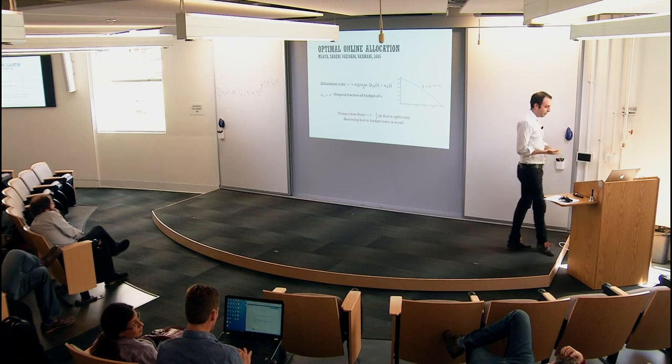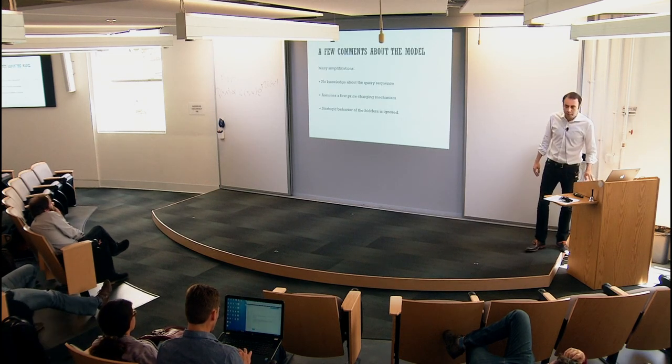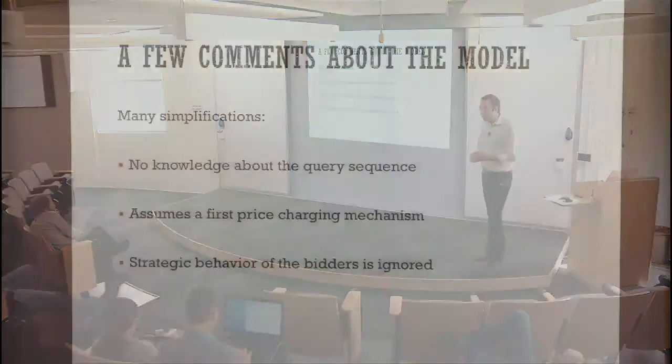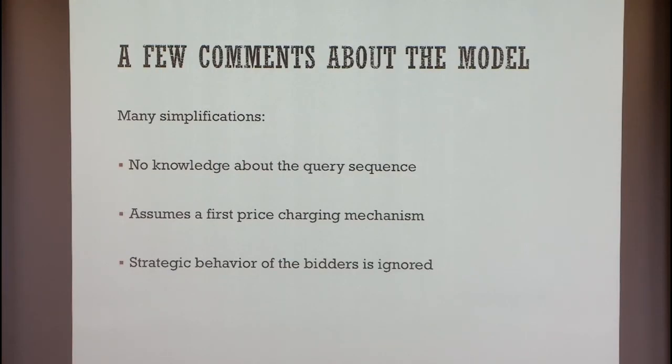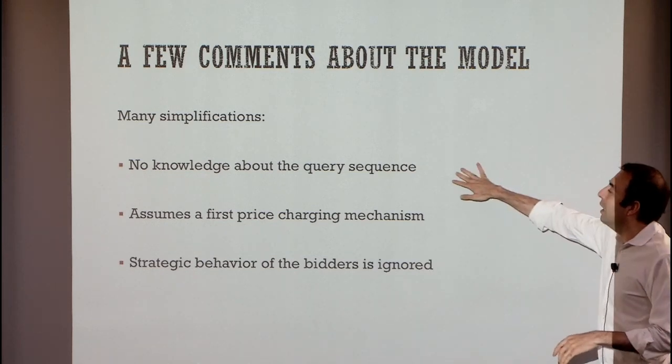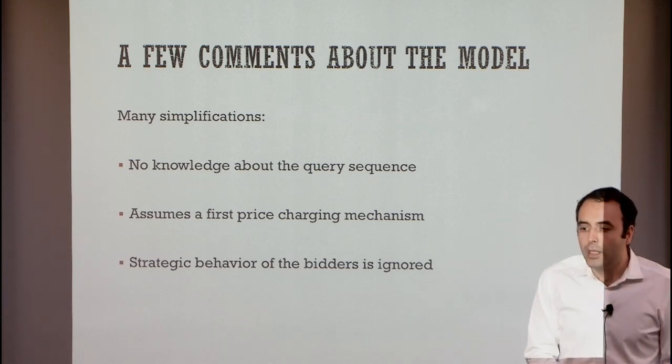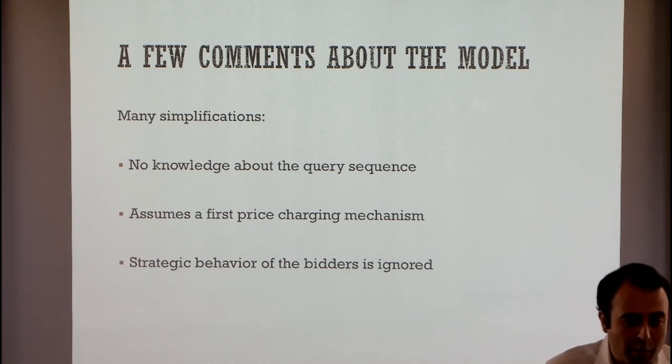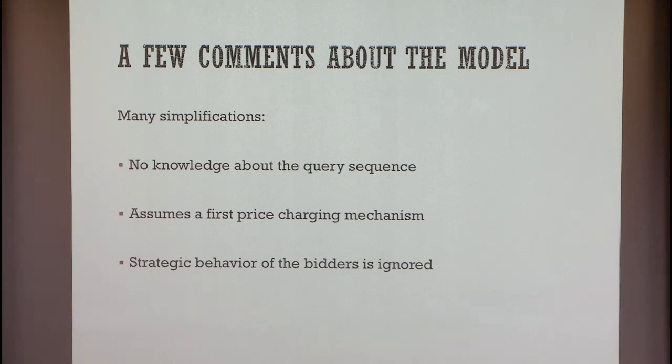All right. Now, a few comments about the model. There are many simplifications. I could talk for an hour about how reality is different from this simple model that we have considered. But the biggest one is, first of all, we assume that we have no knowledge about the query sequence. Typically, and especially for the most popular queries, you can look at the day of the week, day of the month, and look at the past history and come up with an estimate of how many people are going to search for travel to Vegas today.